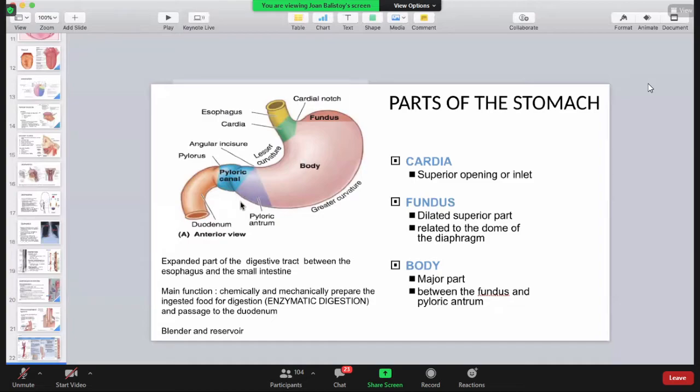The pylorus of the stomach, you can identify the pyloric antrum, which is the wide part, the pyloric canal, which is a narrow part, and the pyloric ring or orifice, wherein a sphincter is located to control the discharge of stomach contents into the duodenum.